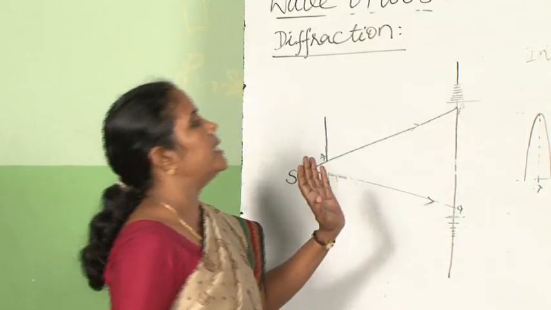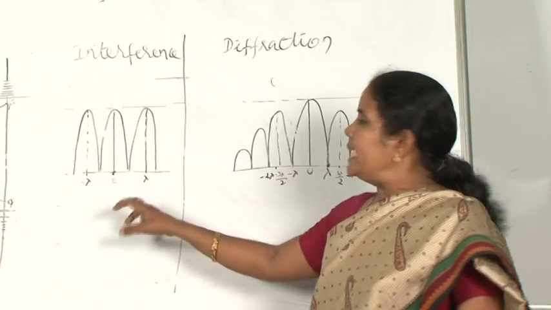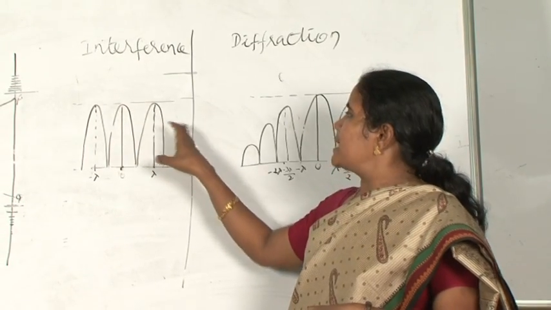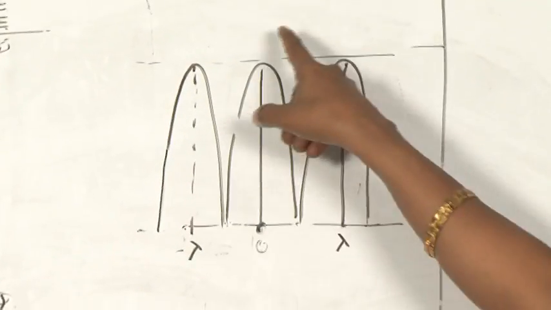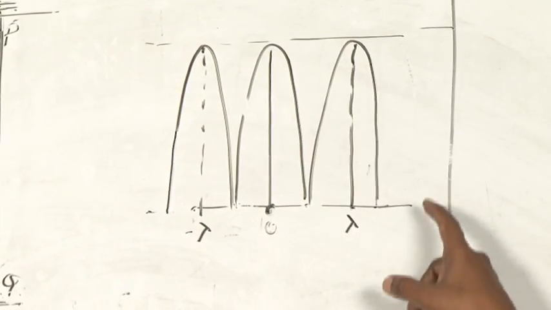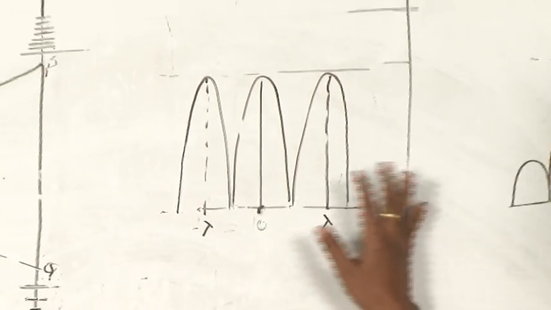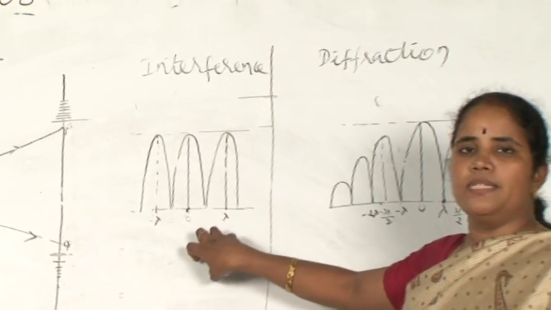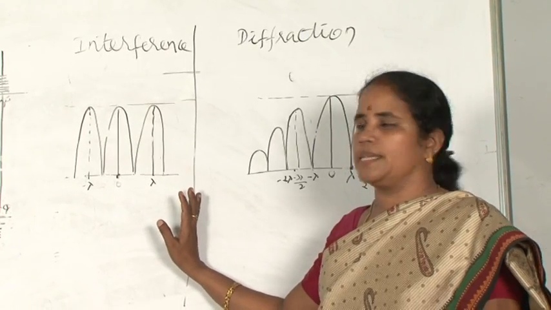Now we will see the difference between interference and diffraction. In interference, there is the central maxima, first order maxima, second order maxima, on both sides. All the bright fringes have the same maximum intensity, and all the dark fringes have the same minimum intensity.